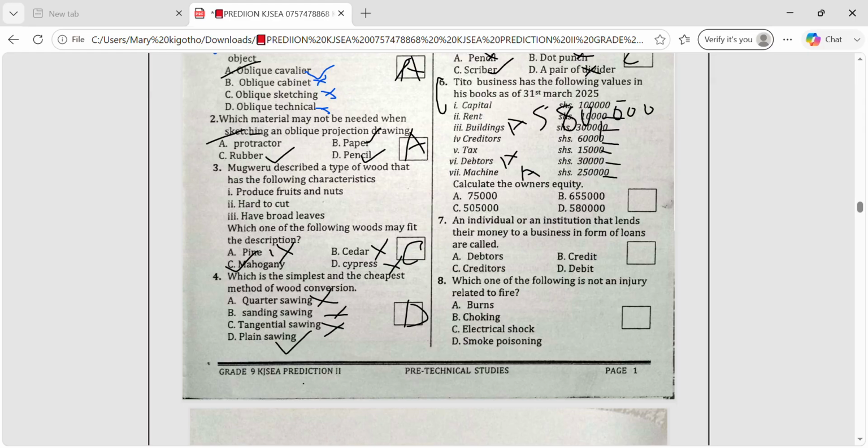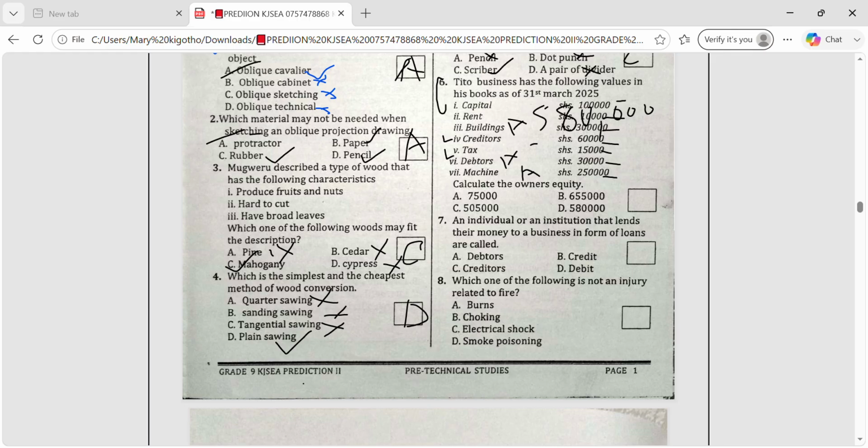Then we minus now the liabilities. The liabilities that we have are creditors, that's a liability, and tax, that's a liability. Creditors 60,000, tax 15,000, that becomes 75,000.